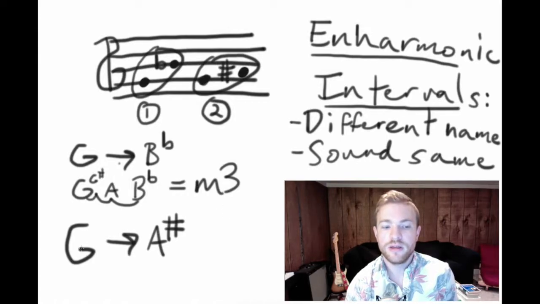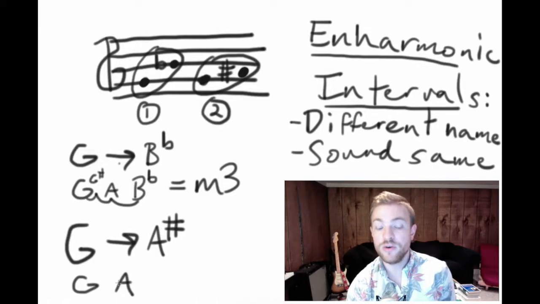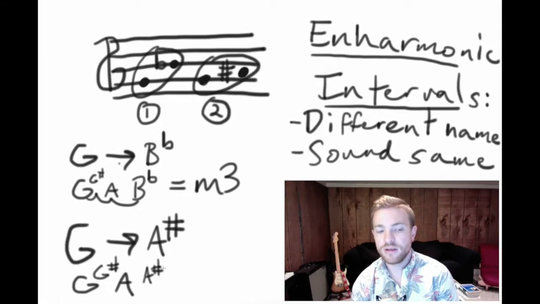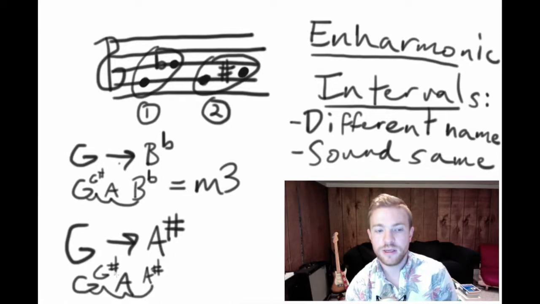Okay? Now a G to an A sharp, on the other hand, well, how many alphabetical steps are in that? Only two, right? But then we also have the same number of chromatic half steps. We have 1, 2, 3 chromatic half steps. But it's got to be some kind of second, right?